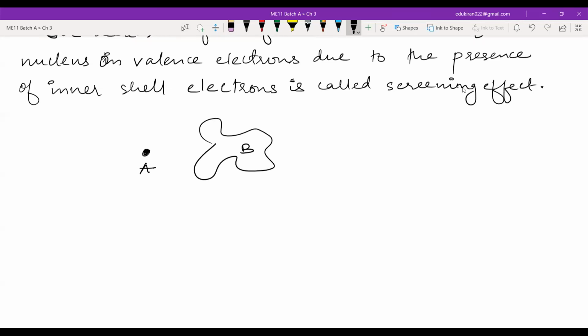What do you think, A or B, which is more diffused? I think B. Okay, everyone agrees B is more diffused and A is more compact, right? Now you understand what is diffused.